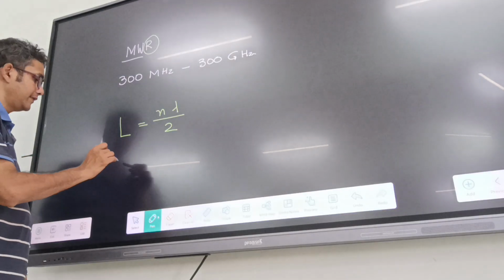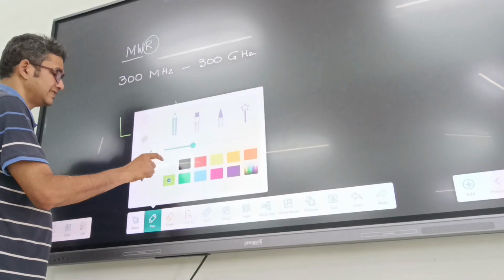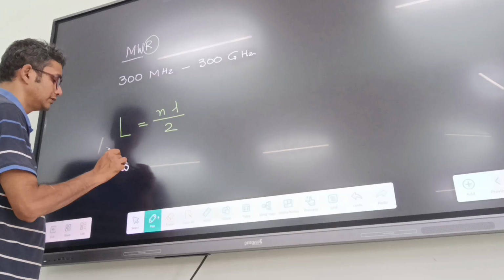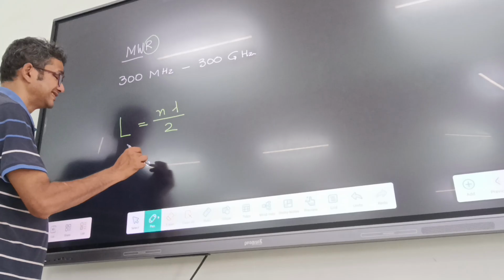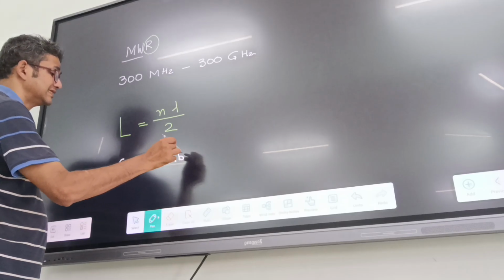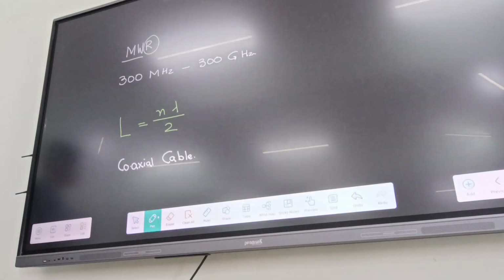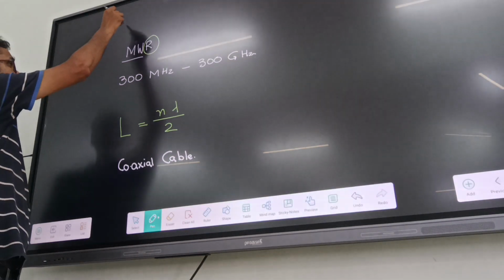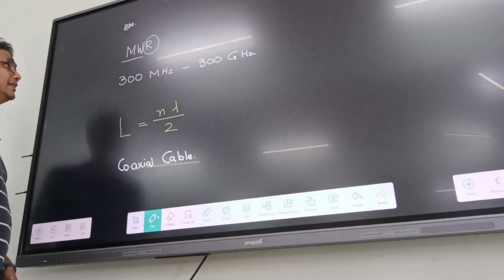ये बेसिकली होता है when we are using something called coaxial wave. Coaxial. यहाँ पे, so this is an electromagnetic wave, EM wave, right?